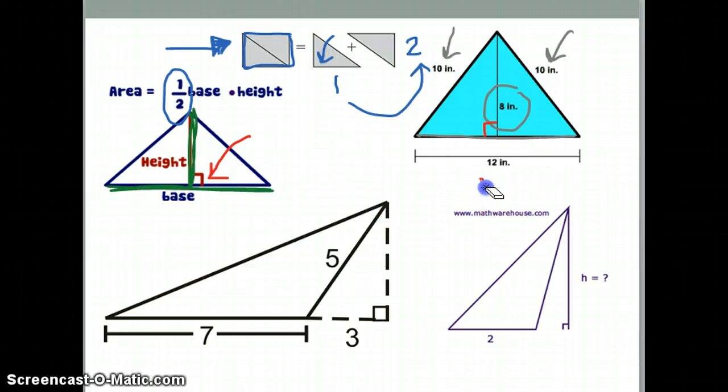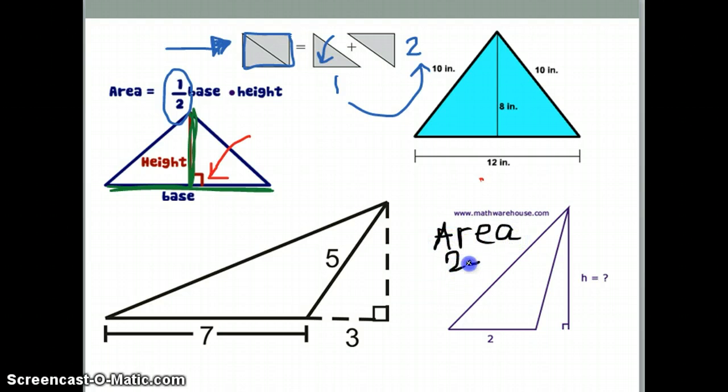All right, so I'm going to give us some room here, erase some of this. Again, I just multiplied that base times the height. If we look down here at this triangle, I'm going to tell you now our area is 24. And I want to know what my height is. Well, from here we can see that our base is 2. So we have to work backwards.